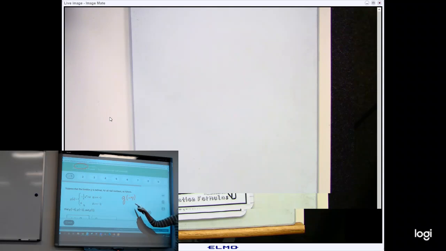What is our x? Negative 4. So which one does that belong to? The top one, right? Our x is not negative 2. So that means we're going to take our negative 4, we're going to substitute it in right there. Negative 1/3, negative 4 squared, plus 4. And we're going to evaluate.